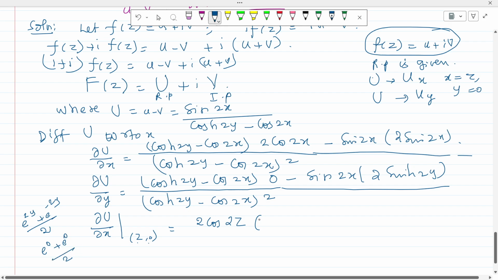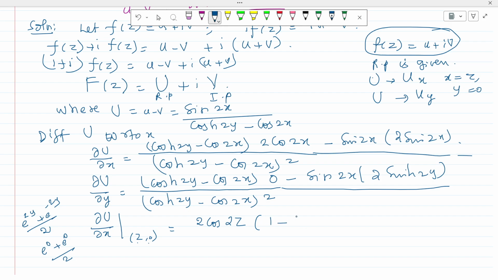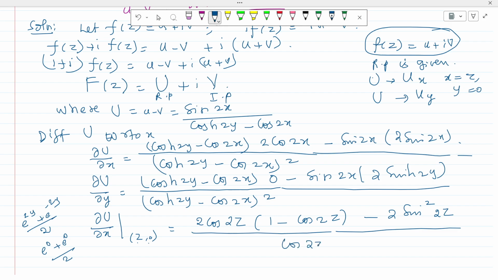That means 1 minus cos 2z, minus sin 2z, 2 sin square 2z divided by cos 2z whole square. That means minus is there.